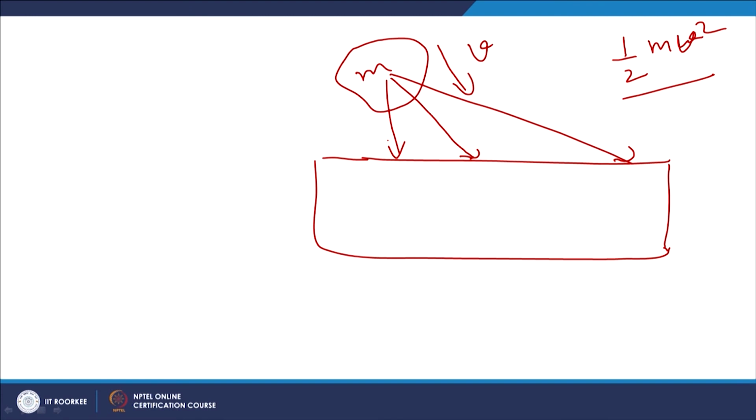In these three cases, say the angle of impact is close to 80 to 90. In this case the angle of impact is like 45 to 50, or say in this case it is 20 to 30.